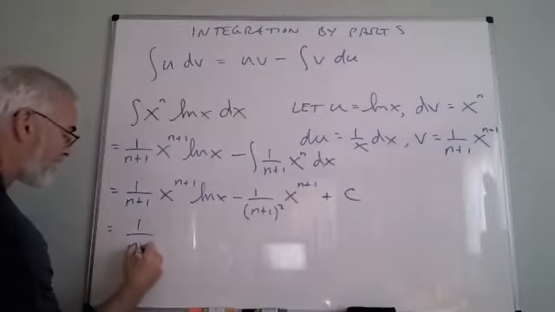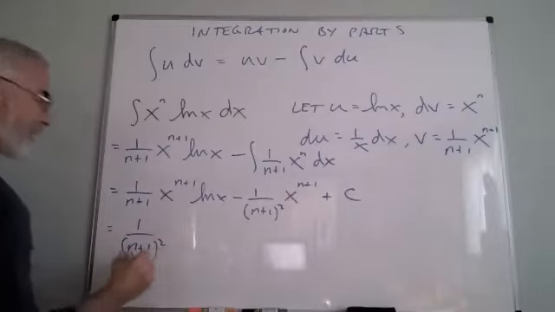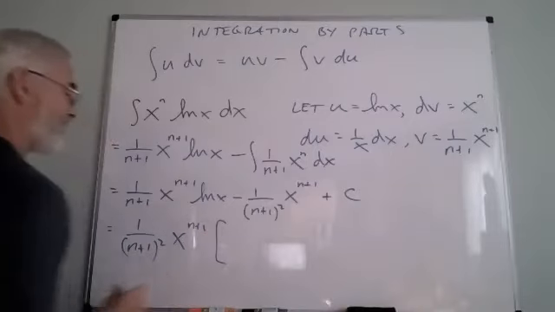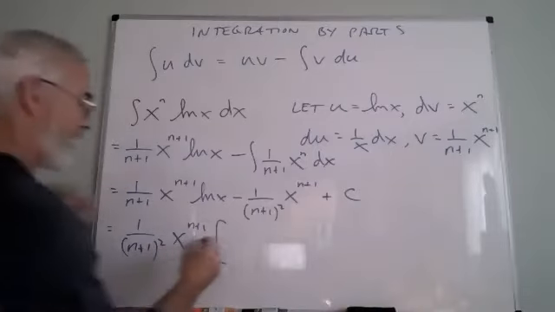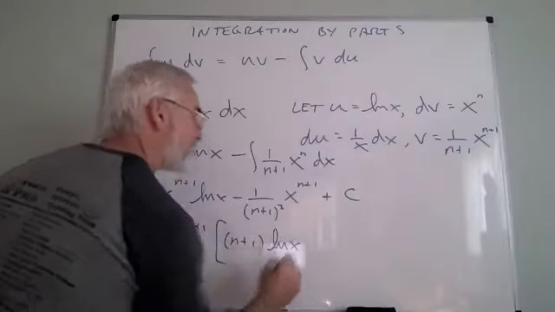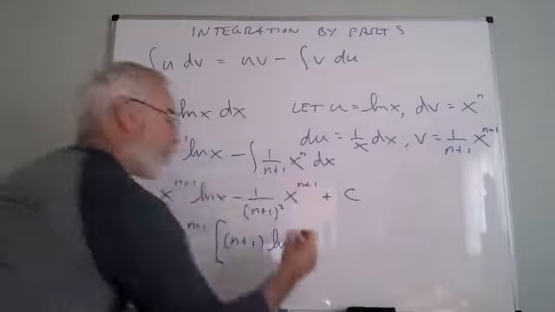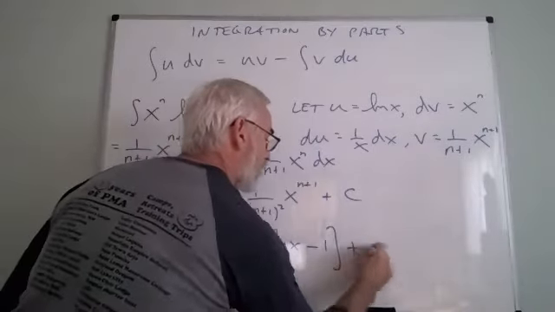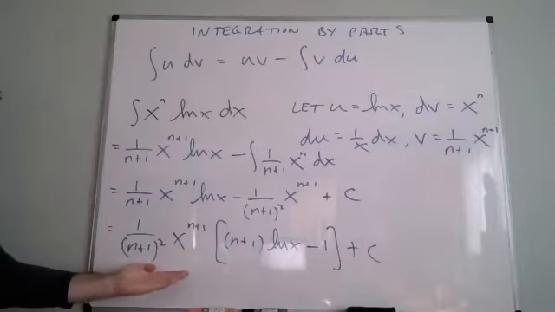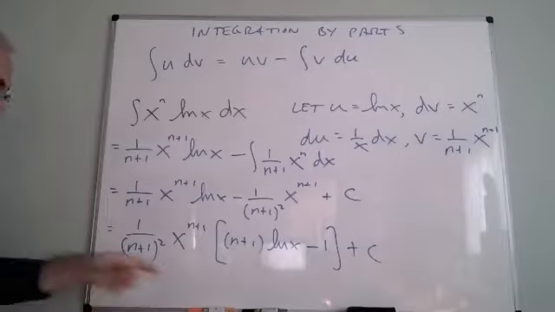So 1 over n plus 1 quantity squared, and I'll factor out the x to the n plus 1, and that will leave me with an extra factor of n plus 1 times the log term, and I just factored this entire quantity out, so that would be minus 1. Both of these would be considered acceptable final answers. The last one, though, probably a little easier to work with because it's not only in a factored form, I only have one fraction.